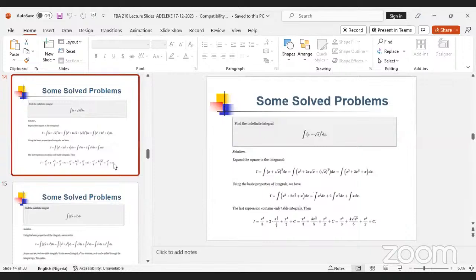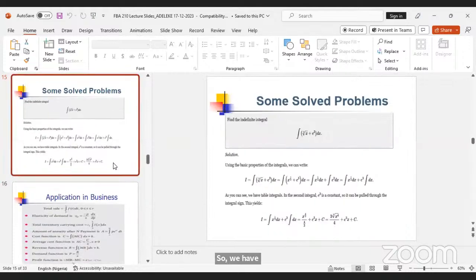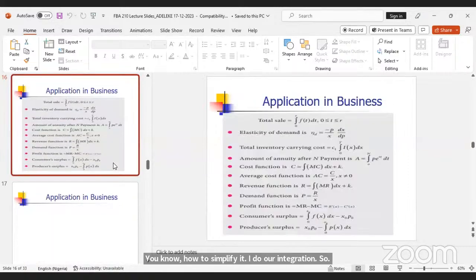So we have discussed the application of the integral of a composite function, how to simplify it and do your integration. Now let's look at the business of the day, which is the application in business.